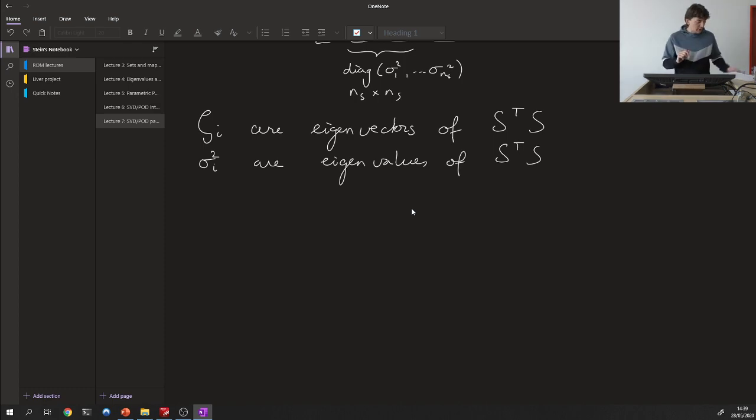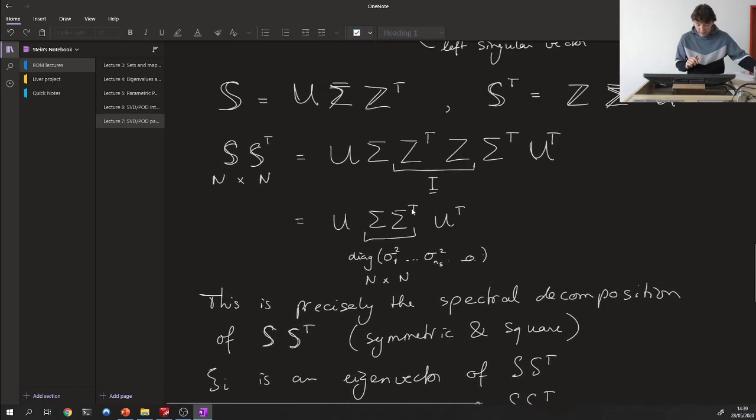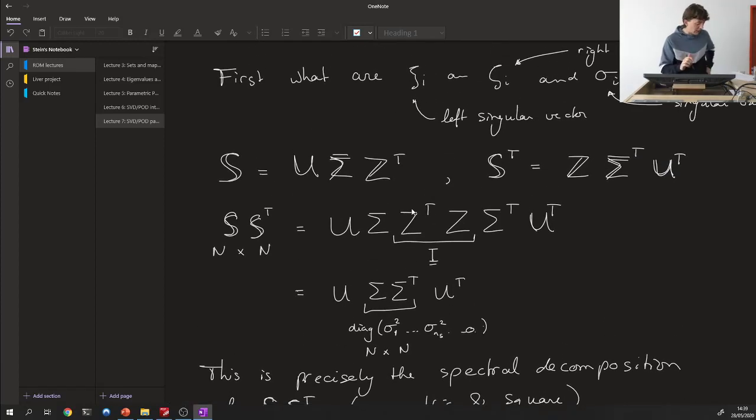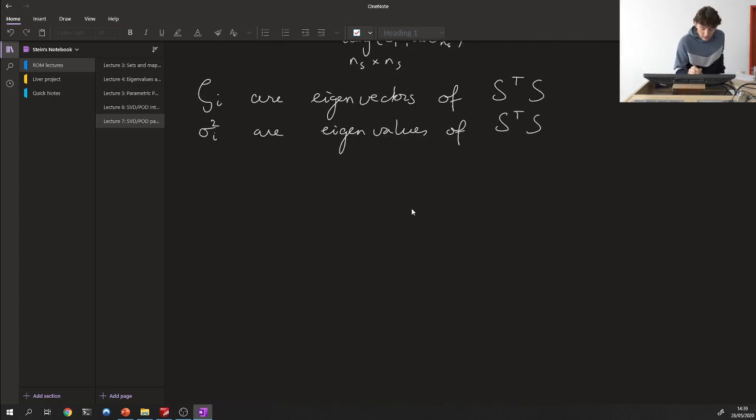Okay, the final connection that I would like to make is if we again take our singular value decomposition as it's standing right there, what I can do is post multiply everything by Z. And that cancels the Z transpose Z on the right because that would be the identity. So finally, what we can also do is S times Z, and then we would get U times sigma.